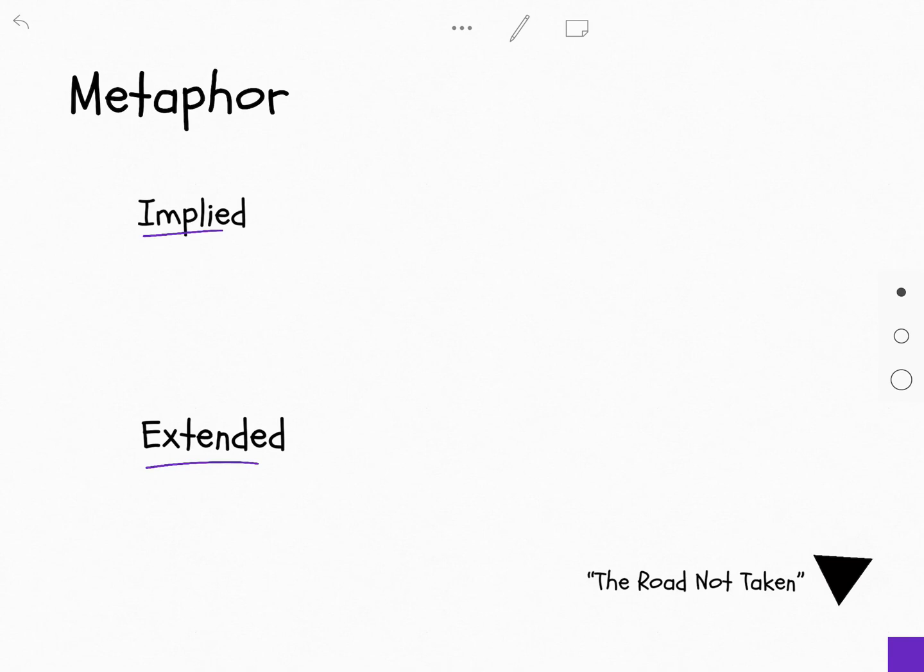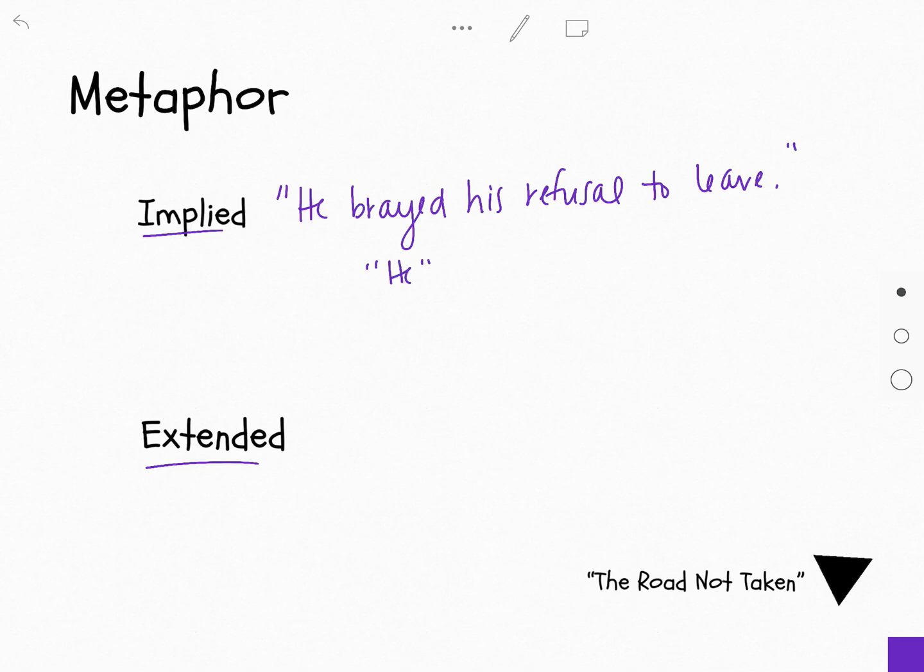So for example, let me write down, he brayed his refusal to leave. If we look at this, there is a comparison being made between whoever he is and a donkey.